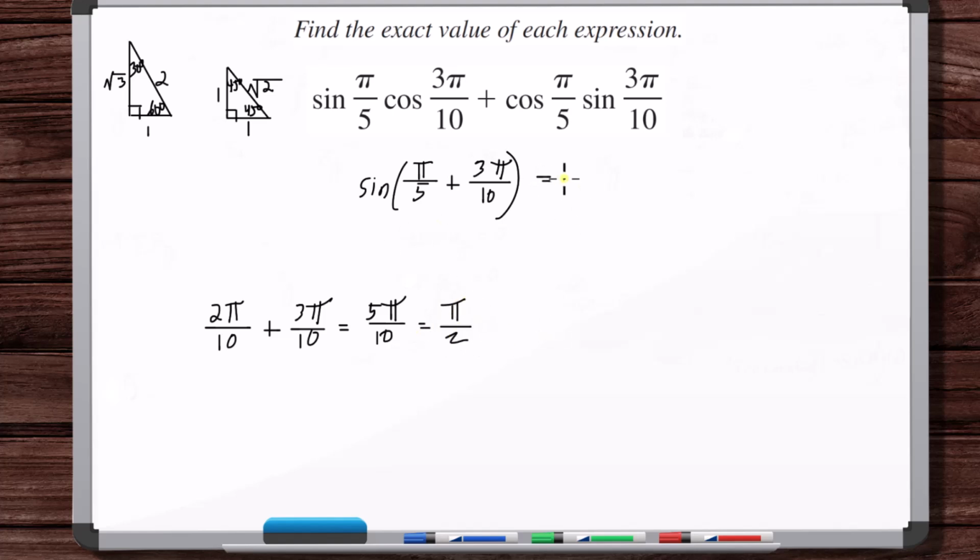So this is equal to the sine of pi over 2. That's 90 degrees. So we know that is 1. All of this is equal to 1.